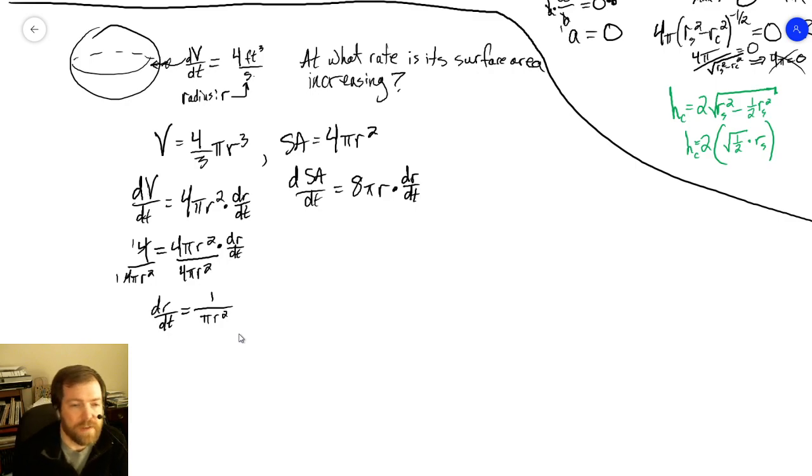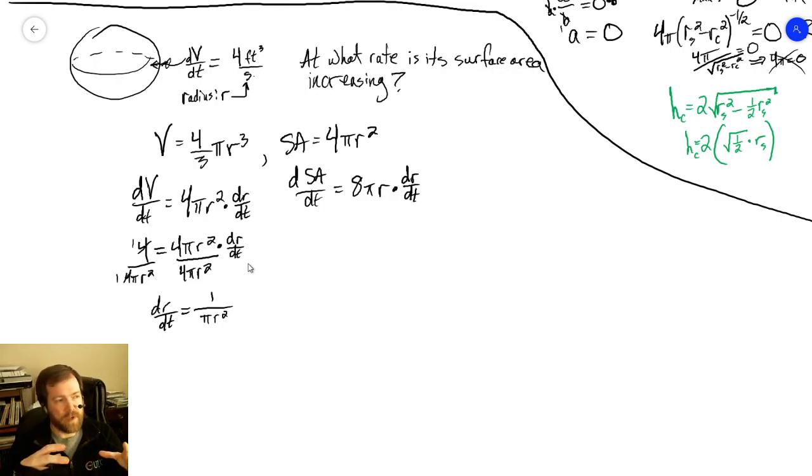Interestingly enough, this is 1 over the cross-sectional area of what we have. So the cross-sectional area for the spherical balloon is going to end up being our speed at which the radius is increasing.